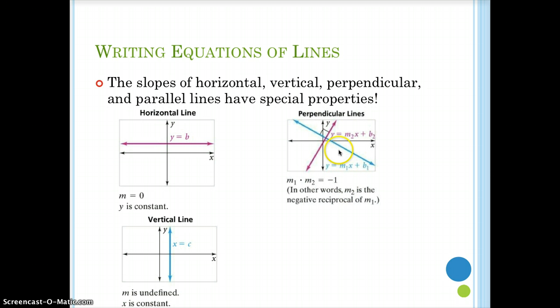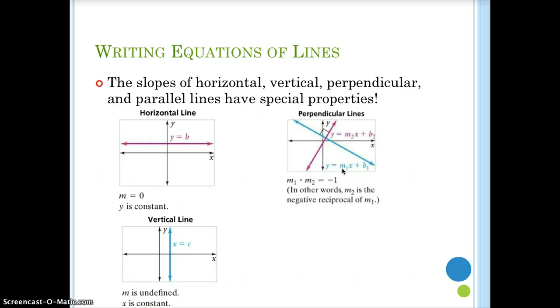So not only can we tell that these lines are perpendicular by the wedge marking, but we can also solve for that algebraically. Now the main piece of information that you need in order to solve for perpendicular lines is this, that one slope is the negative reciprocal of the other one. So for example, if we had a line that had 2 as its slope, then we could easily solve for the perpendicular slope because it would be the negative reciprocal.